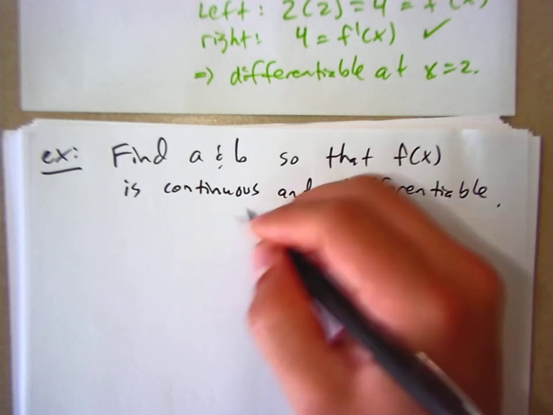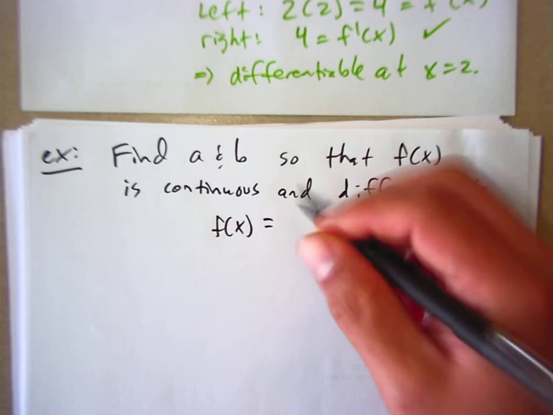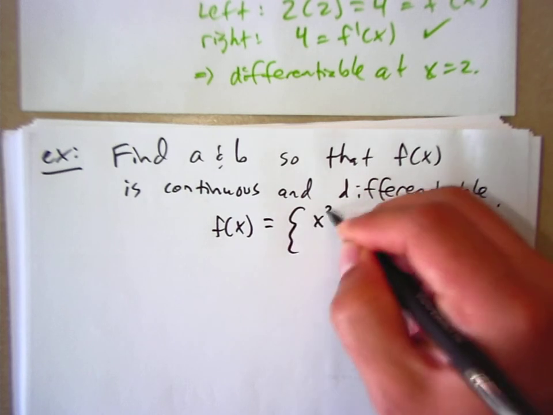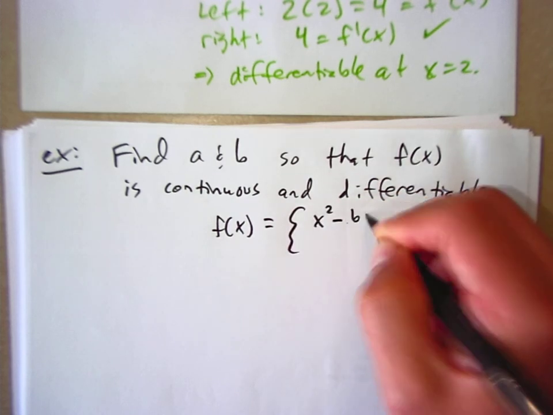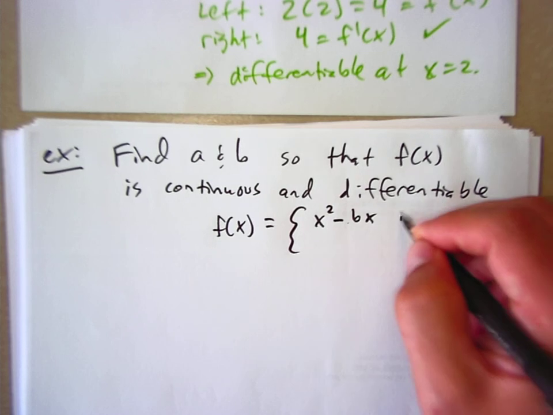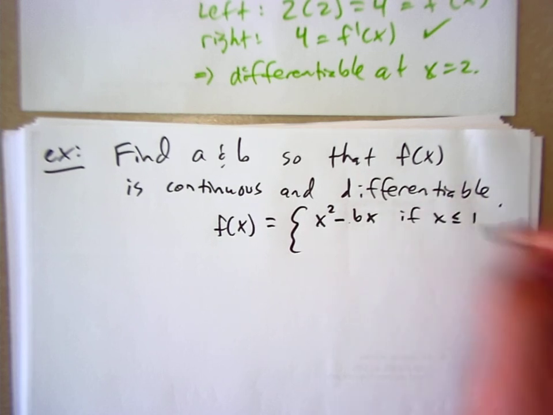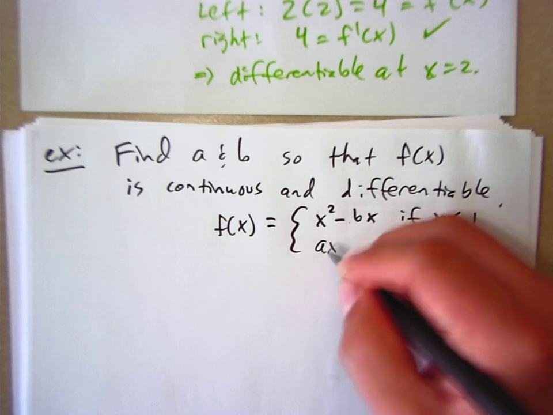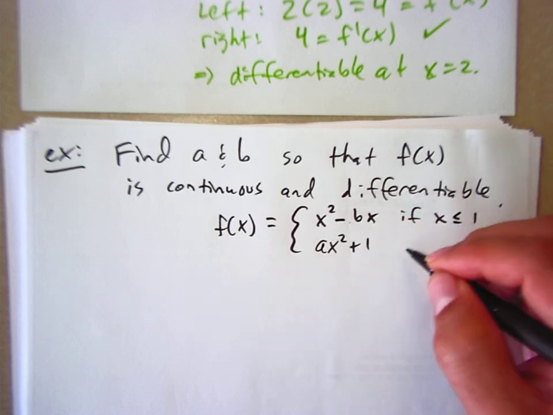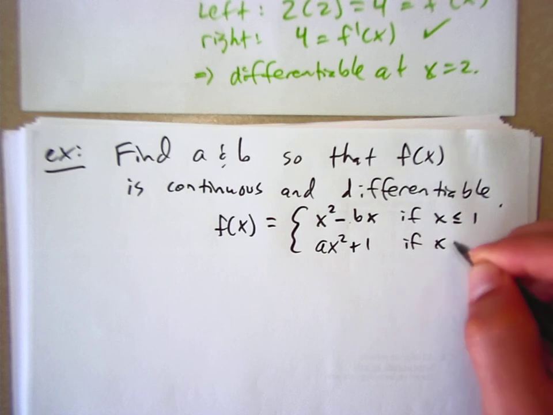And so here's the function. f of x is going to equal x squared minus b times x if x is less than or equal to 1, and let's do ax squared plus 1 if x is greater than 1.